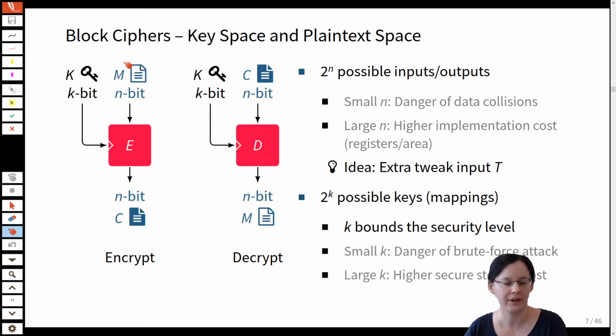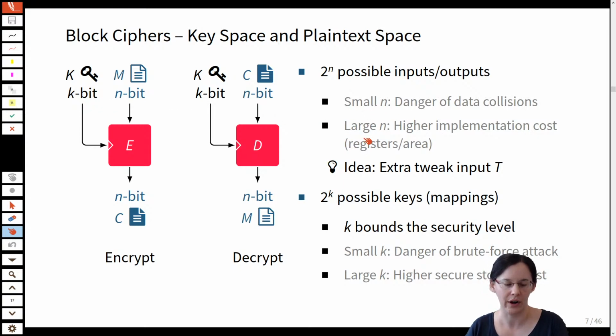So we will often accidentally run into the same message again, which will then lead to the same ciphertext again. And if this happens too often, then it's too easy for an attacker to, for example, see patterns or to reconstruct the lookup table from messages to ciphertext without actually knowing the key. So that's a downside if n is too small.